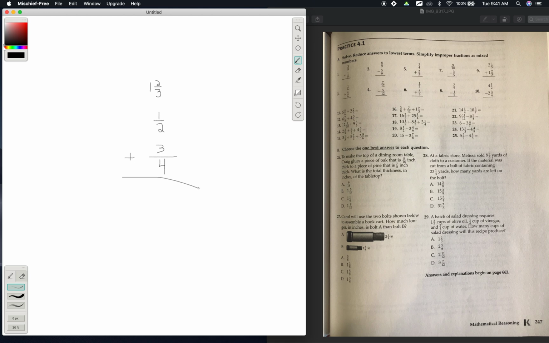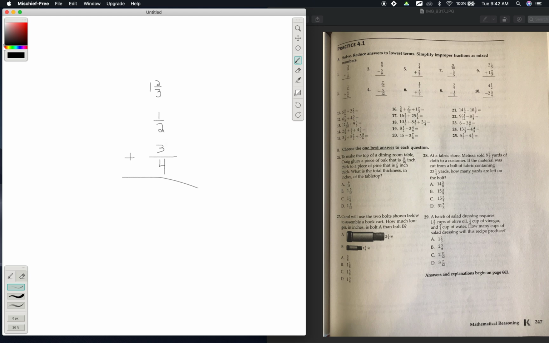Okay, so we need to find a common denominator, a number that each of these goes into. So take the biggest number, double it. We're gonna make this an 8, and let's see. So does 2 go into 8? 2 goes into 8, but 3 does not. So that number will not work. So triple it. 3 times 4 is 12.